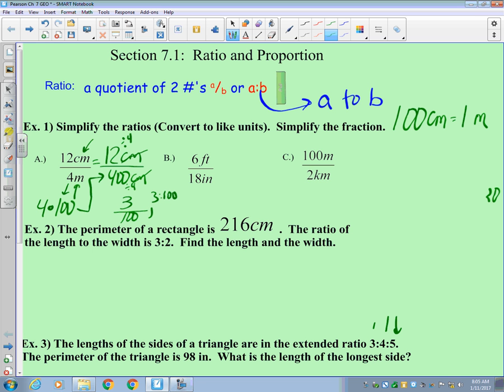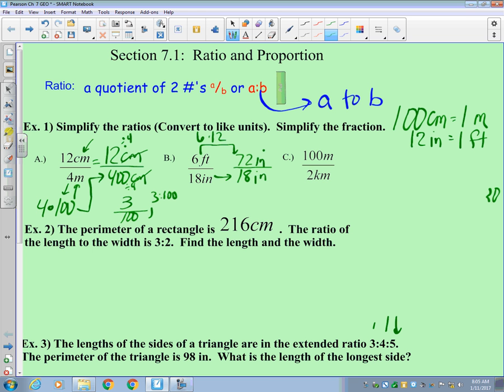The second one, we have feet and inches, and just to remember, there are 12 inches in 1 foot. So if I have 6 feet, to get that into inches, we're going to multiply the 6 by 12, and we see that 72 inches. The 18 inches from the denominator stays.